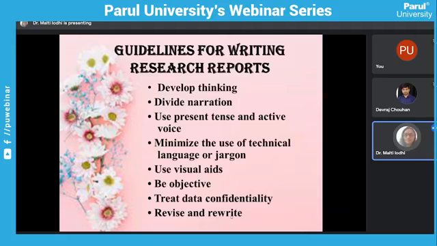Then revise and rewrite. Definitely, before giving it for dissemination, communication, or publication, you must revise and rewrite your research reports, so you can avoid grammatical mistakes as well as other mistakes.